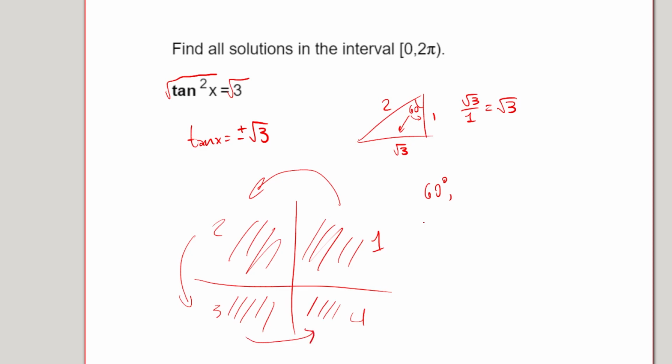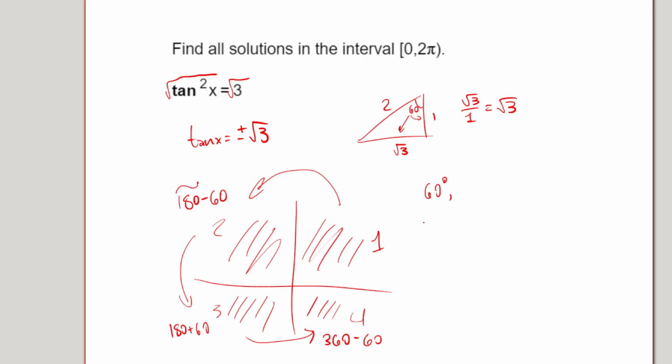If we want to go from quadrant 1 to quadrant 2, we use 180 minus whatever angle we had, which is 60 degrees. When we go from quadrant 1 to quadrant 3, we do 180 plus whatever angle we're using, which is 60. And if we want to go from quadrant 1 to quadrant 4, we do 360 minus whatever angle we have, which is 60.